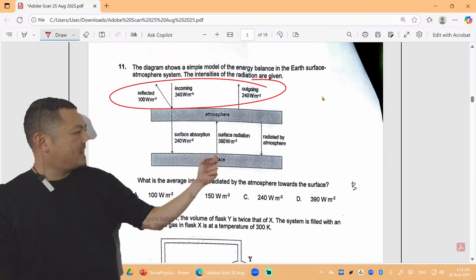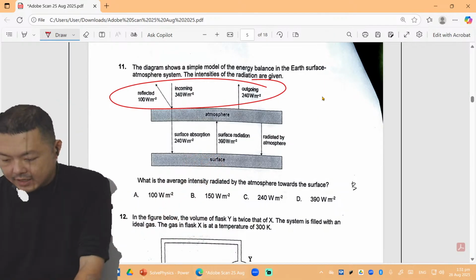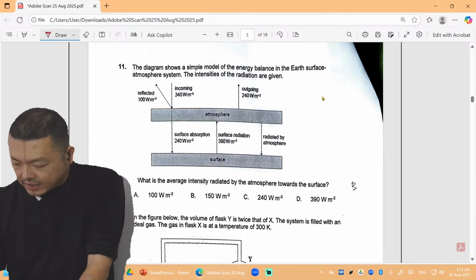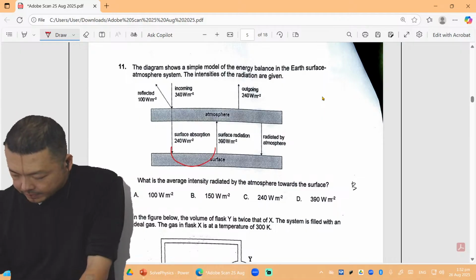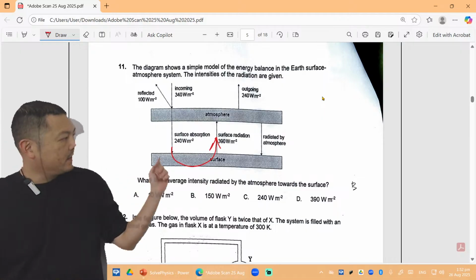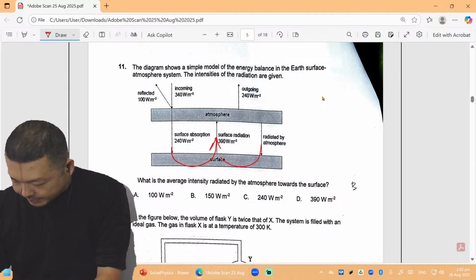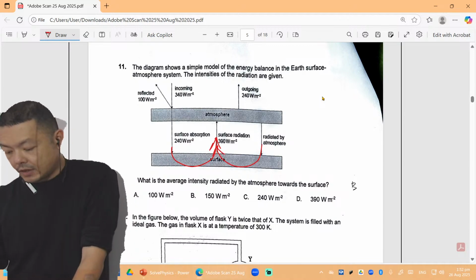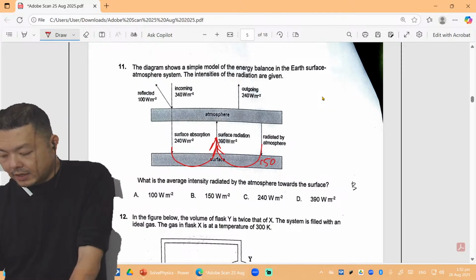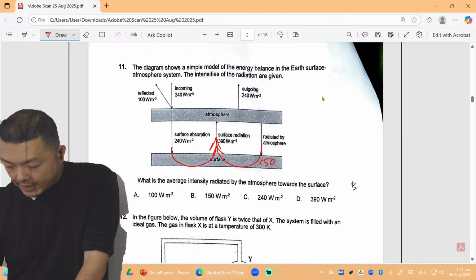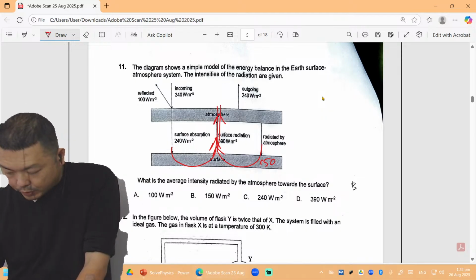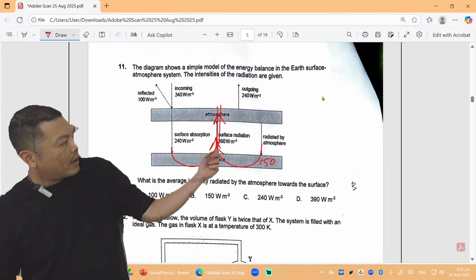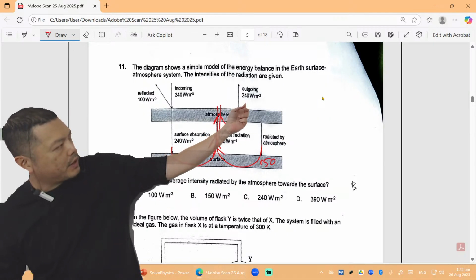But you see, this 390 is essentially a combination of the surface 240 plus the radiated by atmosphere amount, which is the difference, right? So isn't that just 150? It's 150. So when this thing tries to go out, the atmosphere absorbs 150 of it. That's why the outgoing eventually is 240.